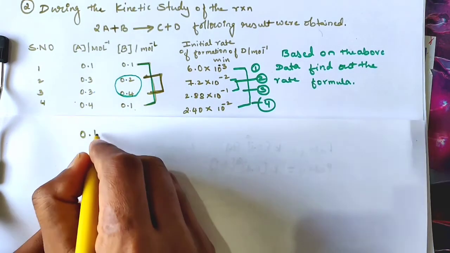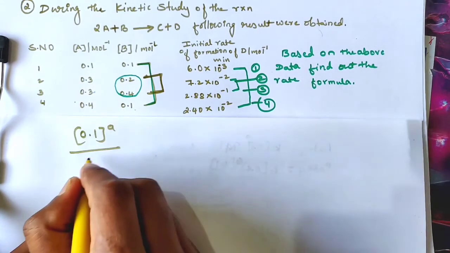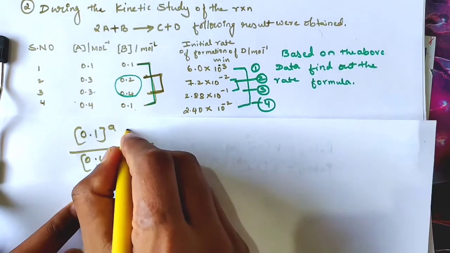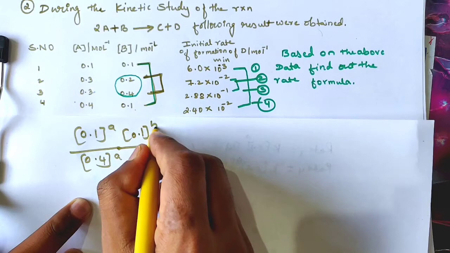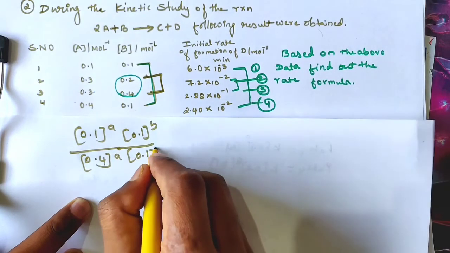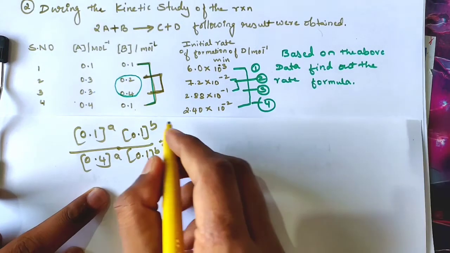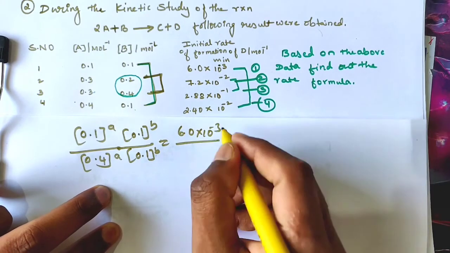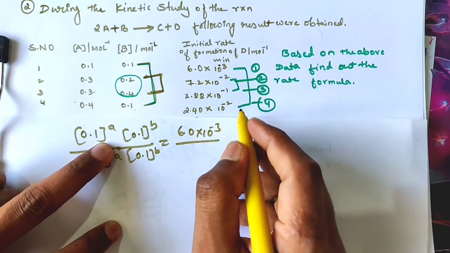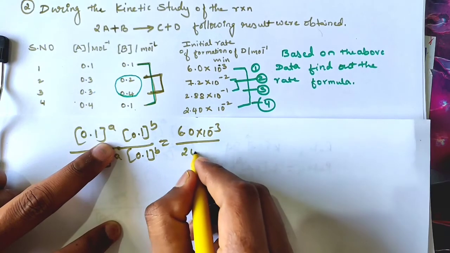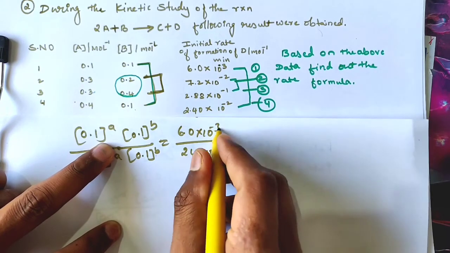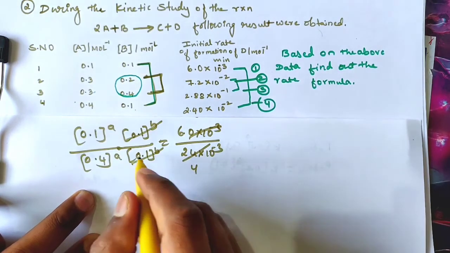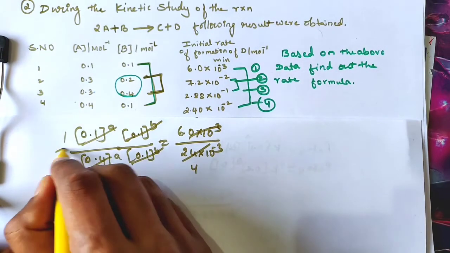So 0.1 to the power of a upon 0.4 to the power of a into 0.1 to the power of b upon 0.1 to the power of b, that is equal to 6.0 into 10 to the power of minus 3. Here it is 2.4 into 10 to the power of minus 2. Make it 24 into 10 to the power of minus 3. So 1s are, 4s are. Here this will get cancelled and this will be 1 by 4.